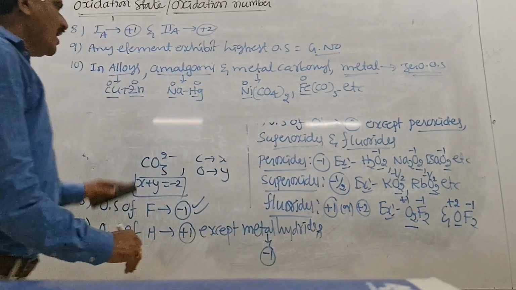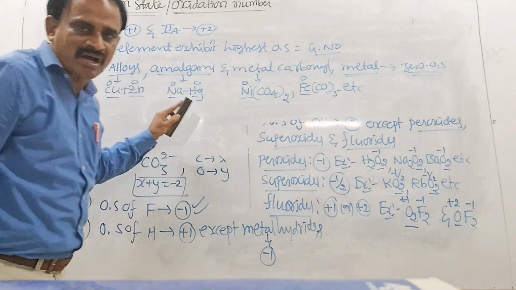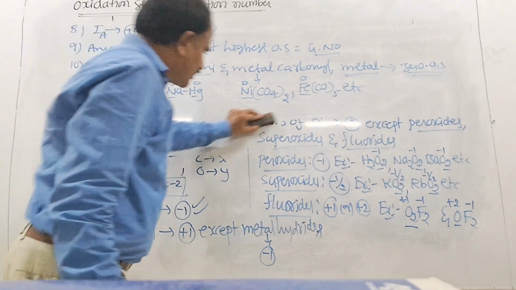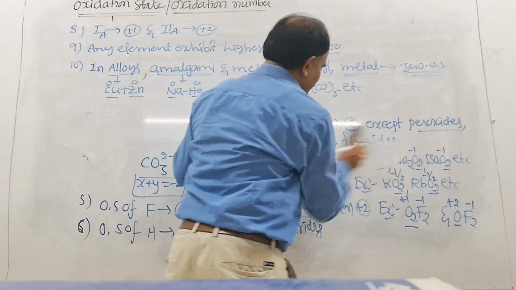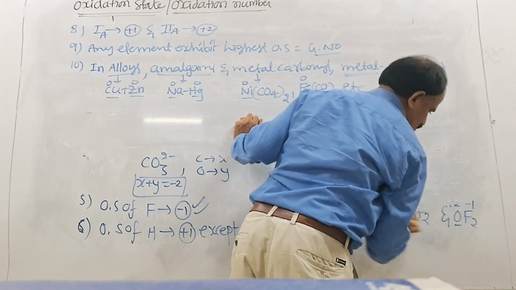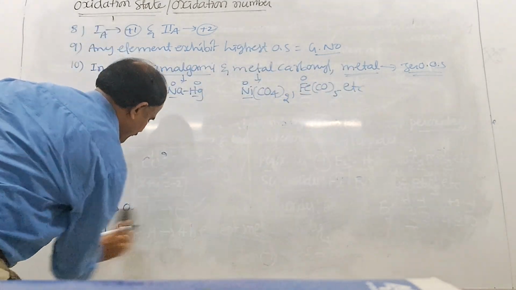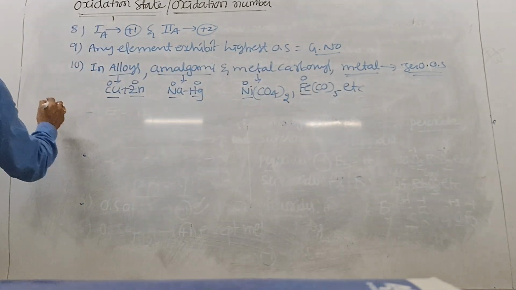So these are some important rules to find out the oxidation number of the central atom in a given compound. Now let's go for some previous questions, either JEE or NEET. We see the first question for JEE level.